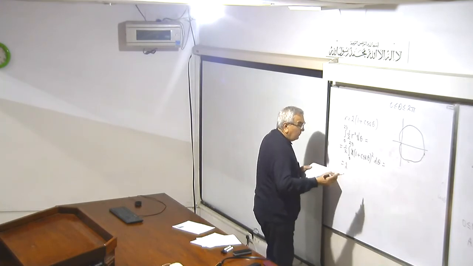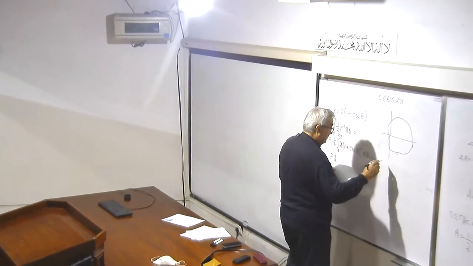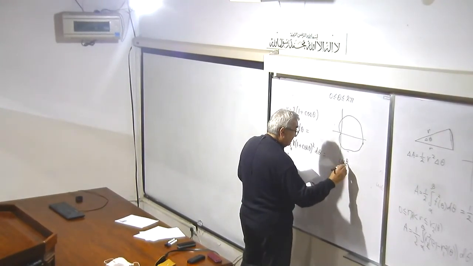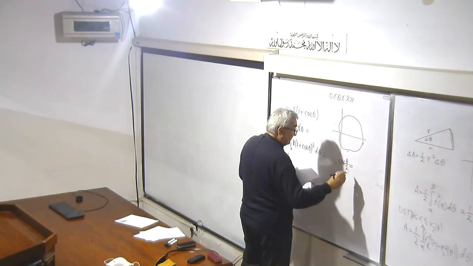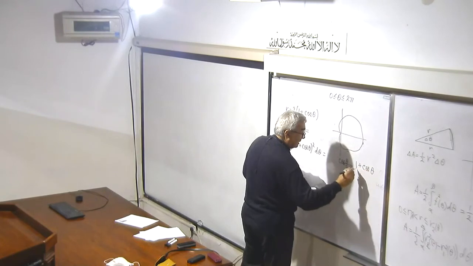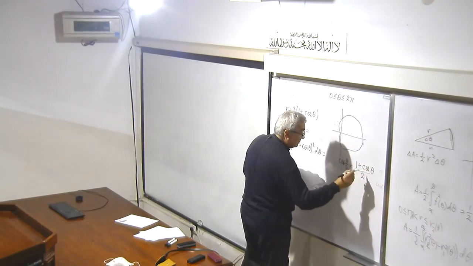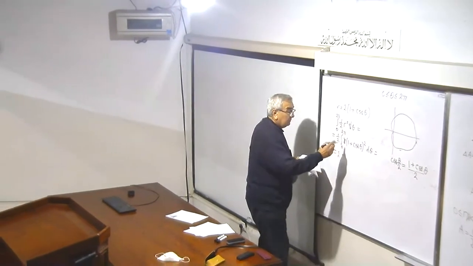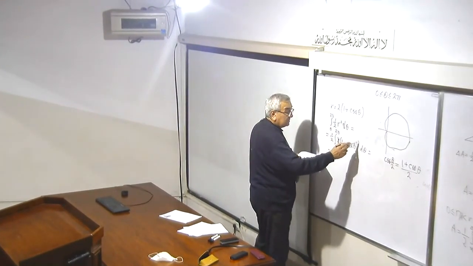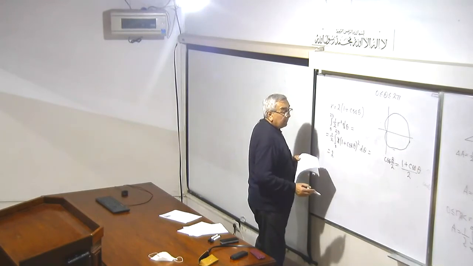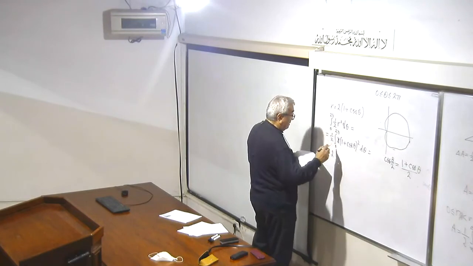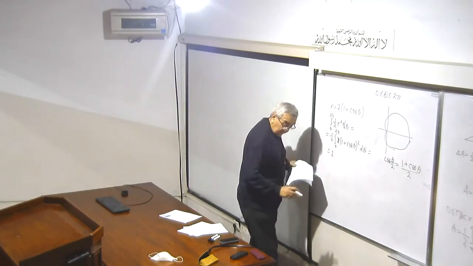I will use the following formula, because you know cos square theta divided by 2 equals 1 plus cos theta divided by 2. Therefore, here you see the square 4, 4 cancelled.